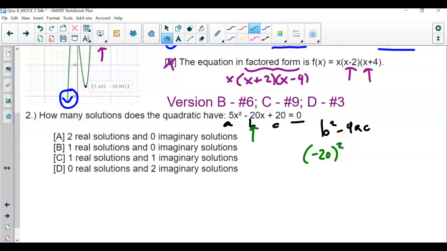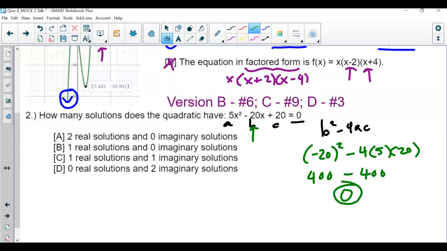Because if you don't, then the calculator is going to say that's -400, when this is actually +400. Then minus 4 times a, which is 5, times c, which is 20. So in this case, you end up with 400 minus 400, which is actually 0.